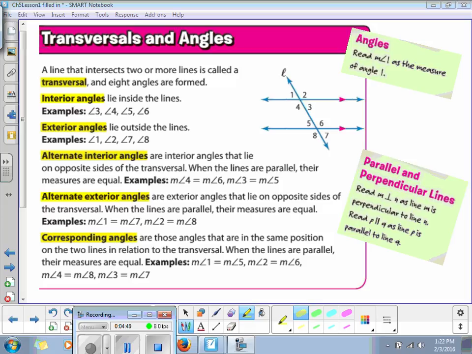Now, alternate interior angles are interior angles that lie on opposite sides of the transversal. When the lines are parallel, their measures are equal. Okay, what's another word for equal in geometry? Starts with a C. Congruent. Very good.